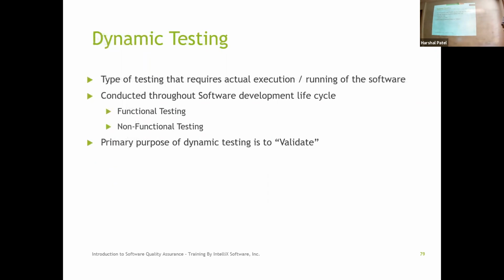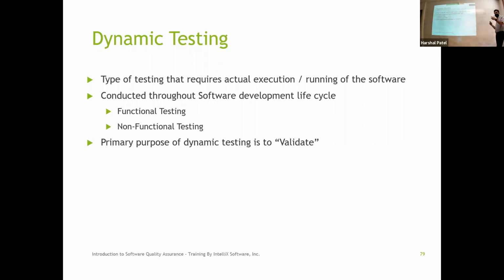Versus if I'm doing dynamic testing, I'm running an actual piece of software. At that point, I'm validating it. I'm making sure the system does it or not. The task is already done. All I'm doing is validating whether it was done properly or not.